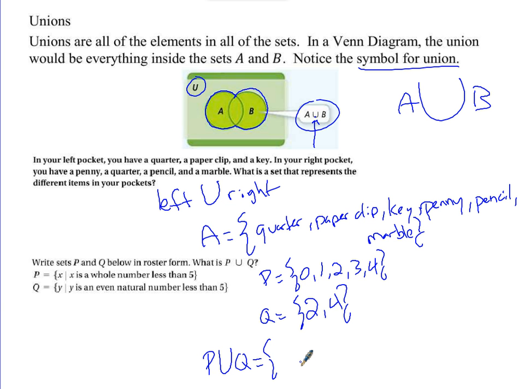So if I start by writing P down, I have 0, I have 1, I have 2, and I have a 2 down here in Q, so I don't have to worry about writing that again. I have a 3, I have a 4, and I have a 4 down here in Q, so I don't have to worry about writing that one again. I've written down all of the P's, and I also already wrote down all the Q's, so I close the squiggly bracket there, and I'm done. That's P union Q.